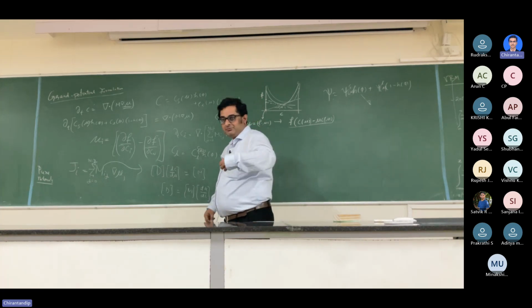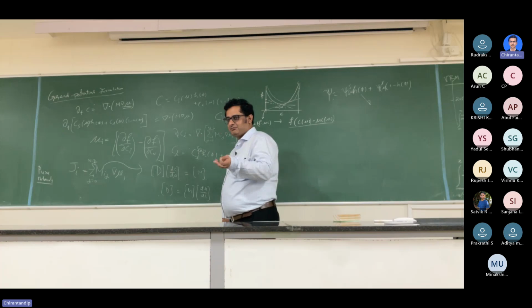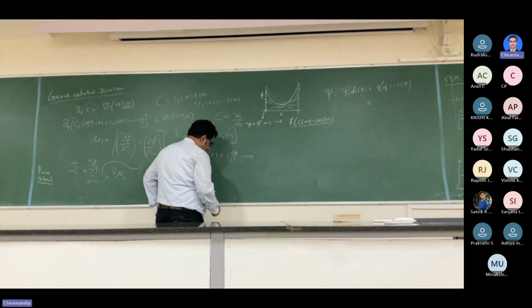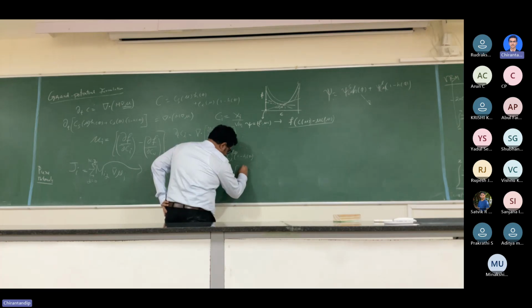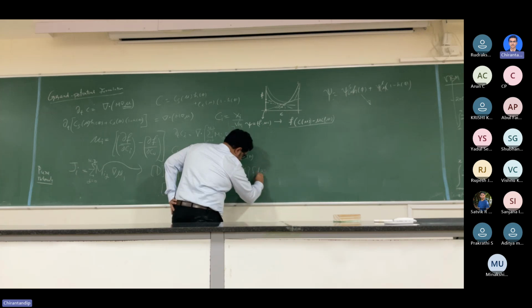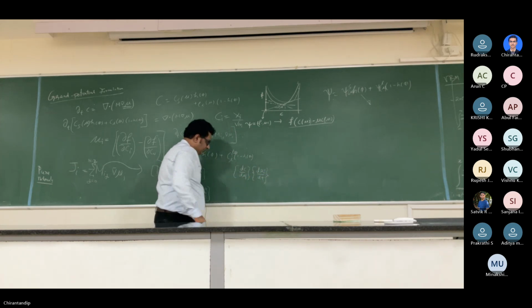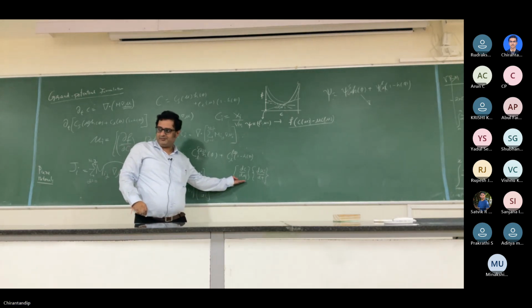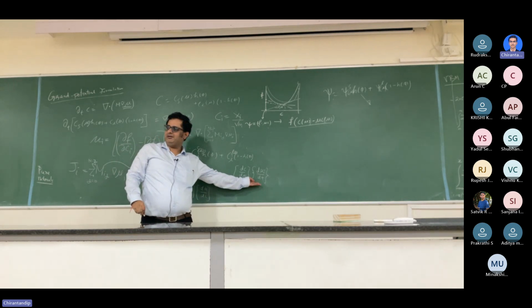You have each term dc by d mu i times d mu i by dt, which has to be a sum, right? So you will essentially have, I'm going to write it like this, a matrix by definition, times d mu i by dt.